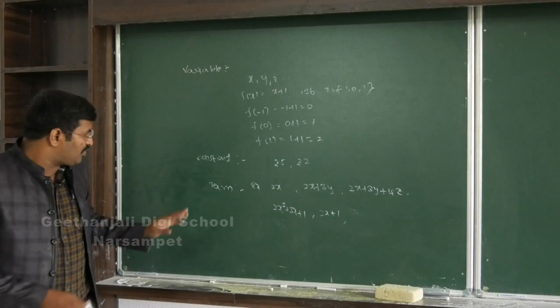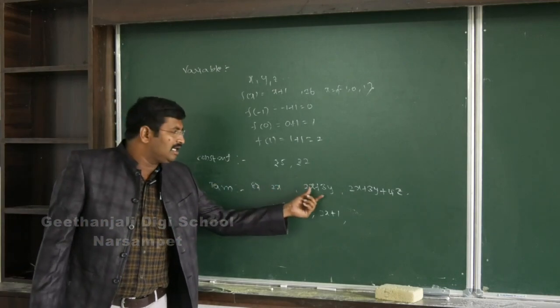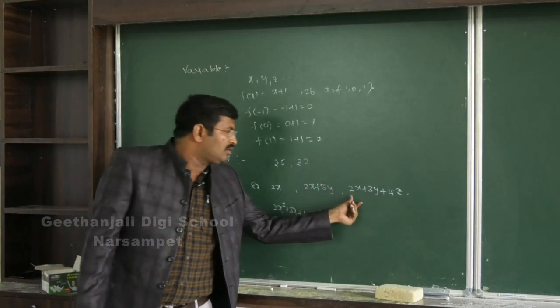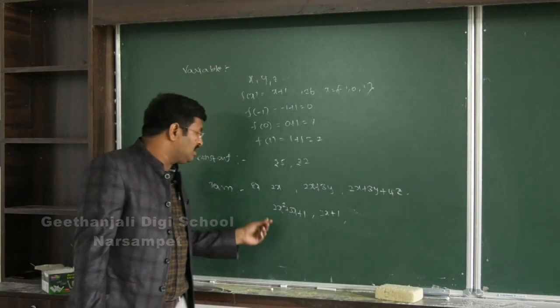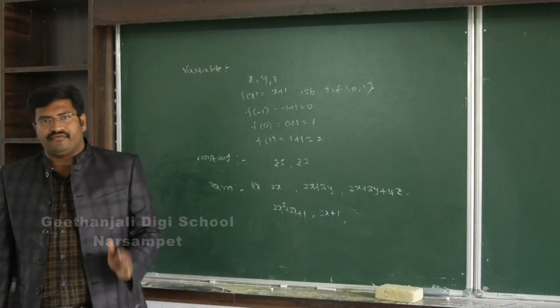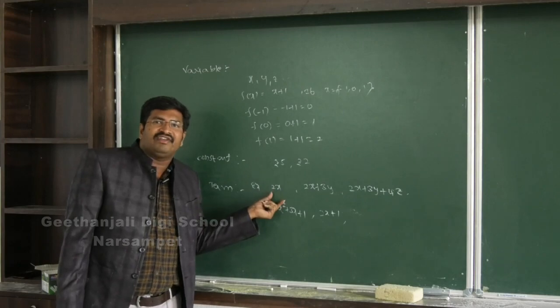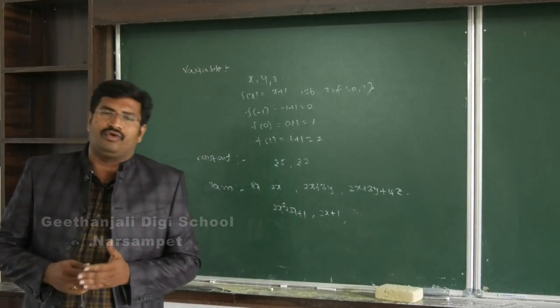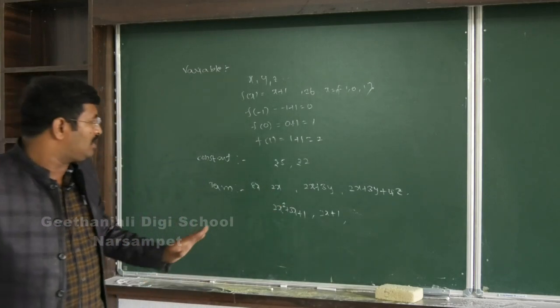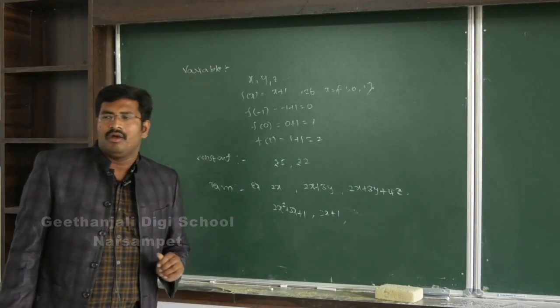If you observe the terms, here only 2x is there, here 2x plus 3y, here 2x plus 3y plus 4z, here 2x square plus 3x plus 1, 2x plus 1. Based on the number of terms we divided them into 4 types. An expression that has only one term is called a monomial.